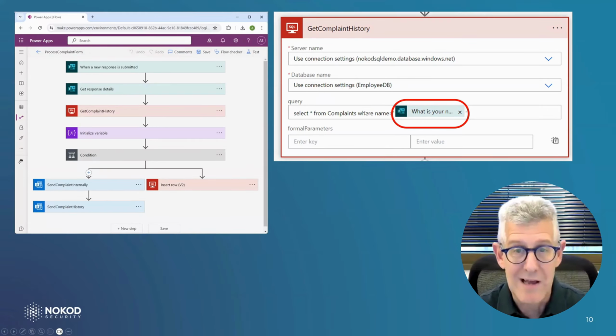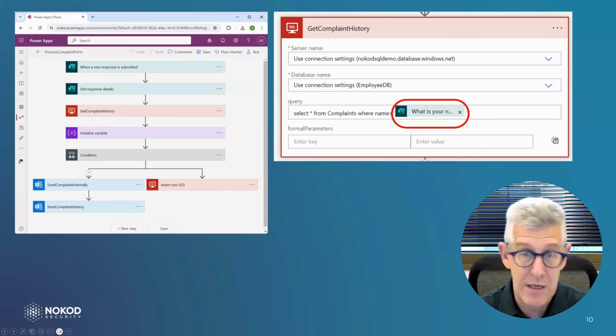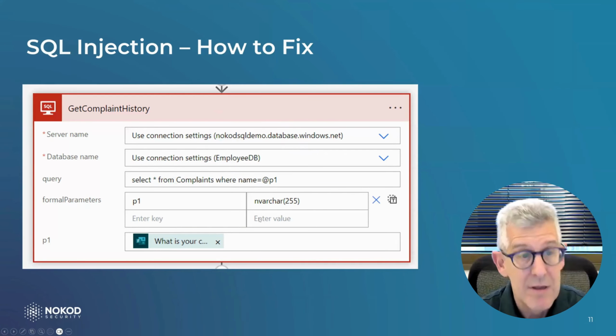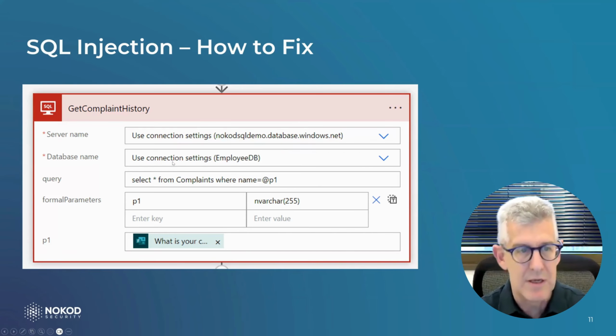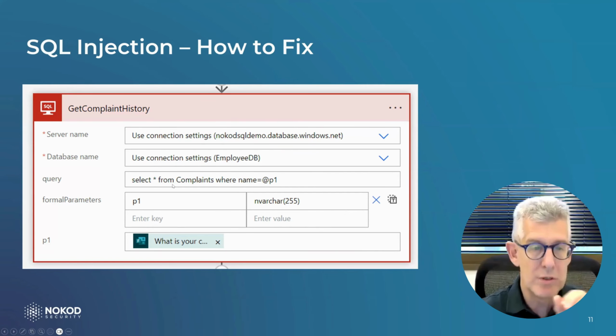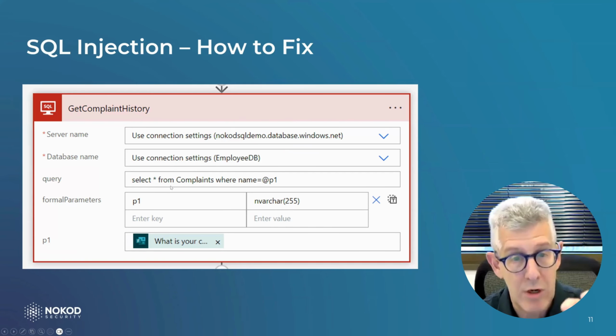Now, we're asking ourselves the question, can that be fixed? Can I avoid SQL injection in an easy way in this environment? And the answer is a clear yes. If you take a look at the database access activity in Power Automate, you will see that you can use parameterized queries.